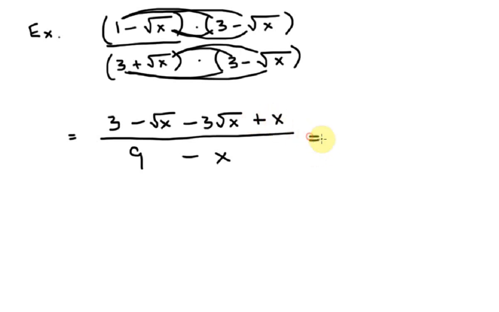So we can combine these two guys in the middle because they're like radicals. So we're going to have minus 1 and minus 3 makes minus 4 of these guys. And then we have the plus x. And then all of that is over 9 minus x.